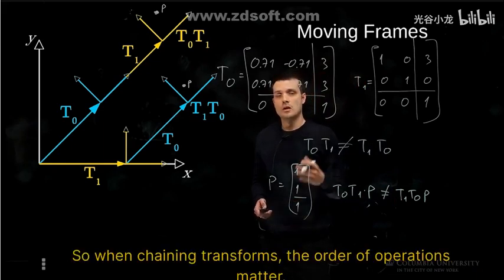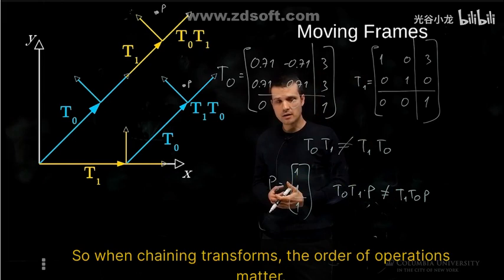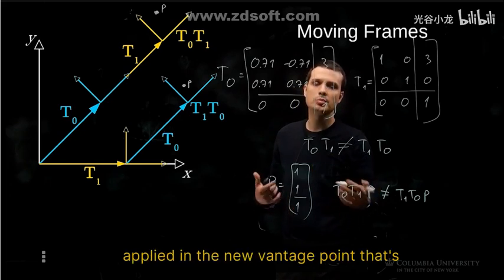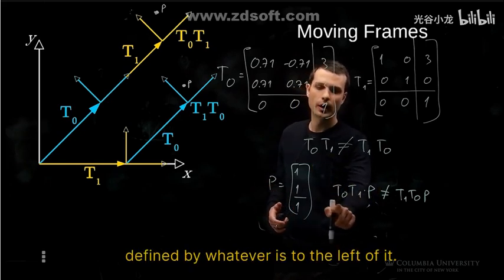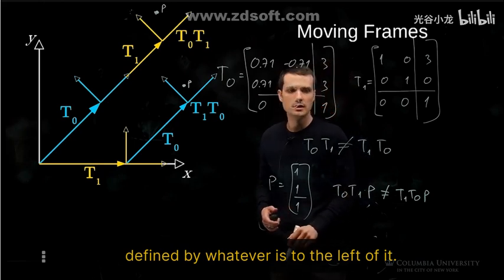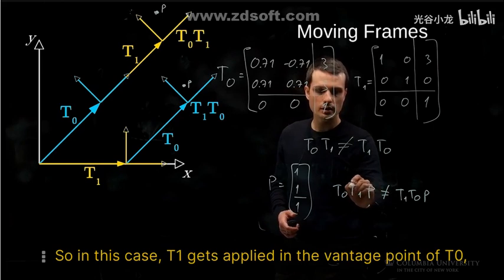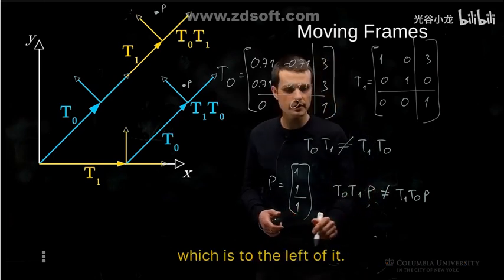So, when chaining transforms, the order of operations matters, and any transform and any point gets applied in the new vantage point that's defined by whatever is to the left of it. So in this case, T1 gets applied in the vantage point of T0, which is to the left of it.